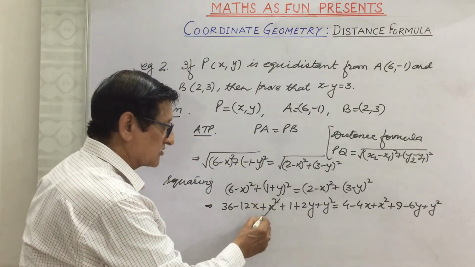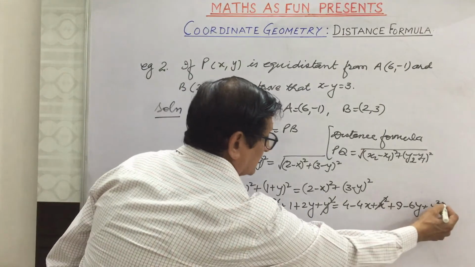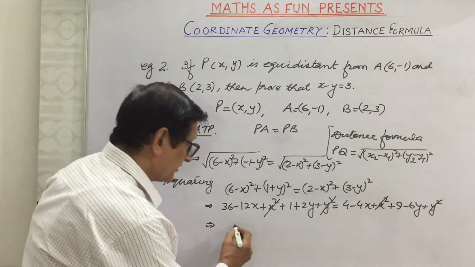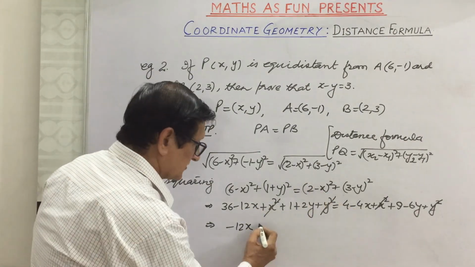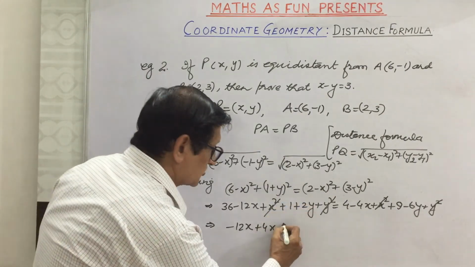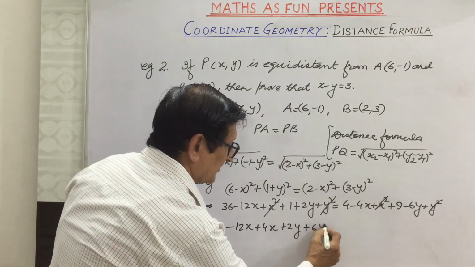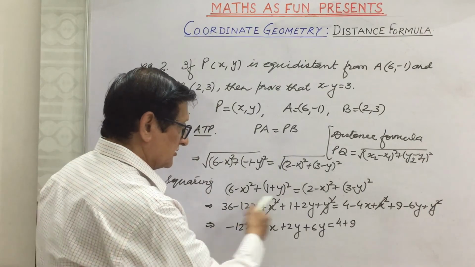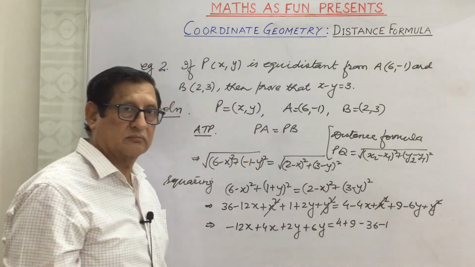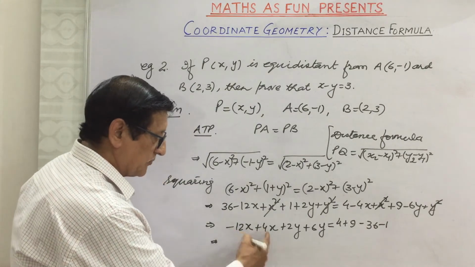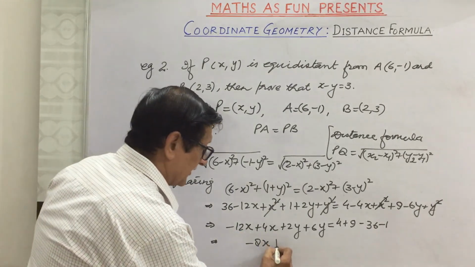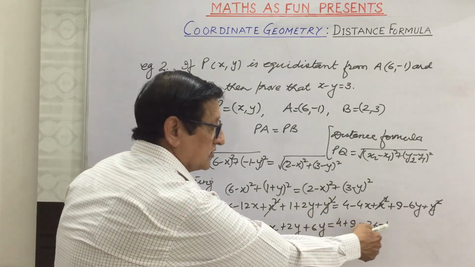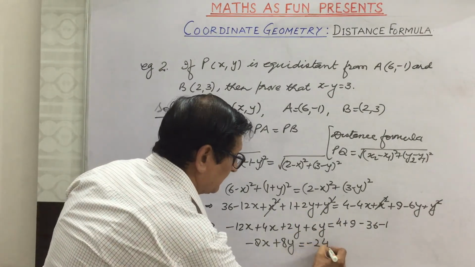We find here x square and y square cancel on both sides. Using transposition, we get minus 12x plus 4x plus 2y plus 6y is equal to 4 plus 9 minus 36 minus 1, which gives us minus 8x plus 8y equal to 13 minus 37, that is minus 24.